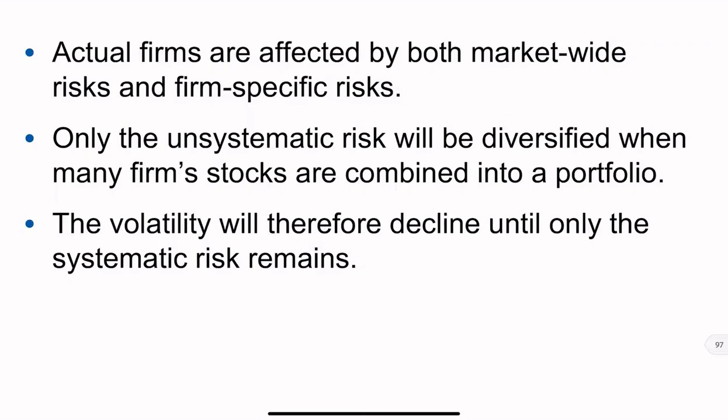So you can imagine how this will affect your diversification. In reality, as you add more firms into your portfolio, firm-specific risks will be diversified away as you add more and more firms. However, even if you add a lot of firms into the portfolio, you still cannot diversify away systematic risk.